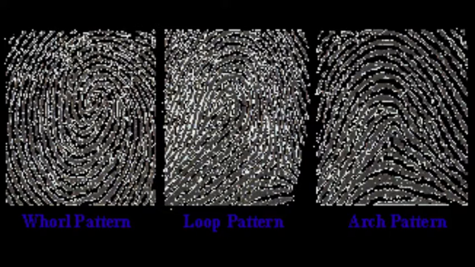Patterns. The three basic patterns of fingerprint ridges are the arch, loop, and whorl. Arch: the ridges enter on one side of the finger, rise in the center forming an arch, and exit on the other side of the finger.